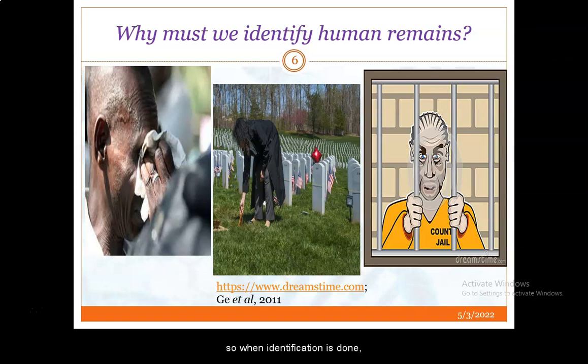So when identification is done and you get to know that in reality you've lost your beloved one, then you can mourn the dead and move on with your life. Also, it is important to identify a human remain so it can be given a befitting burial. Another one, so justice can be obtained and the perpetrators sent to jail.